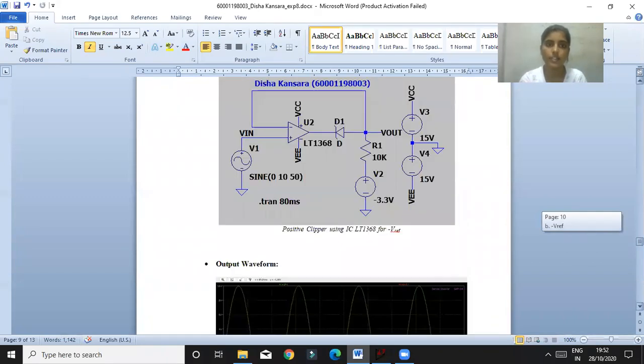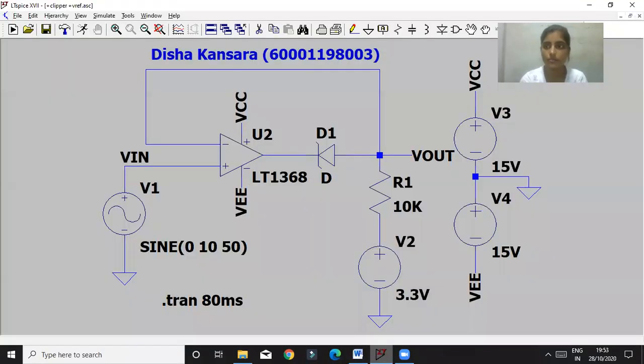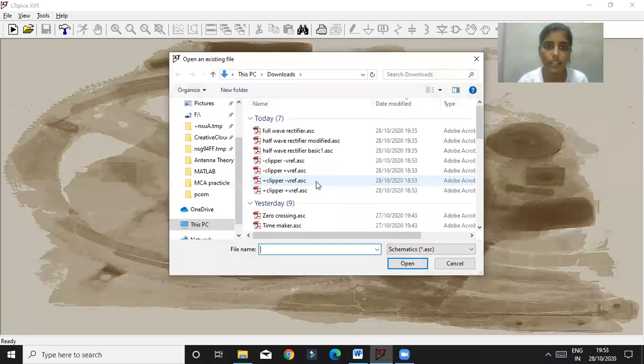So now let's see it for the negative Vref. Positive clipper with negative Vref.